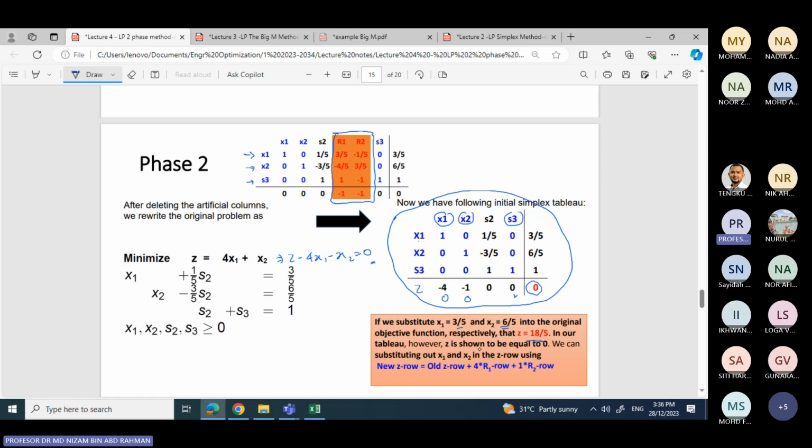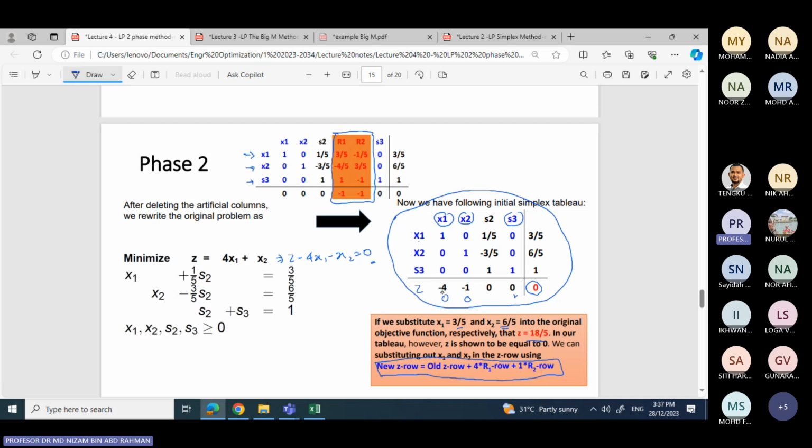So we have to correct this inconsistency using this equation: new Z row is the old Z row plus 4 times the R1 row plus 1 times the R2 row. Why 4 times the R1 row?